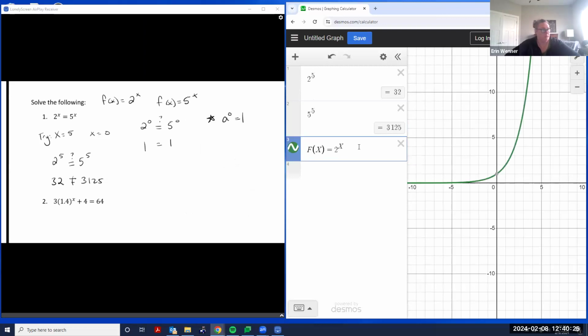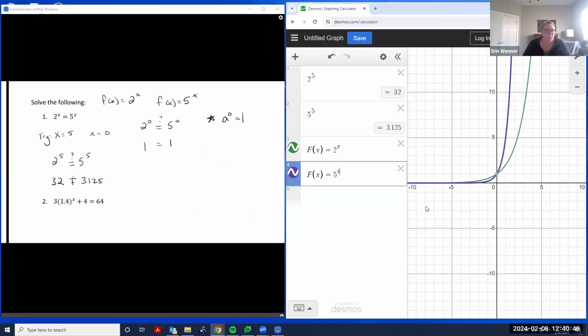I don't know why I decided to do capitalization. Let's fix that. It's because I have the thing on. Hold up, there we go. And then we're going to do f of x equals 5 to the x, okay?